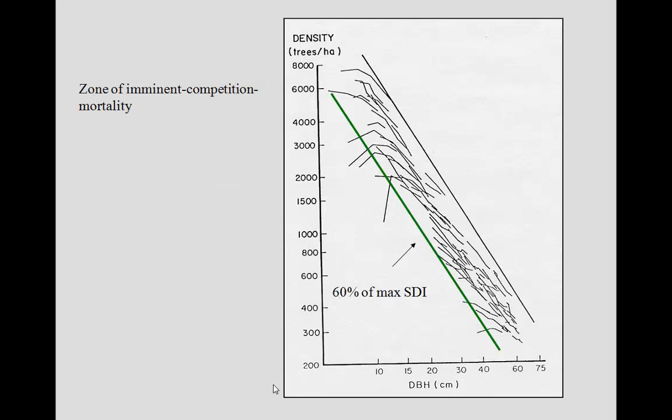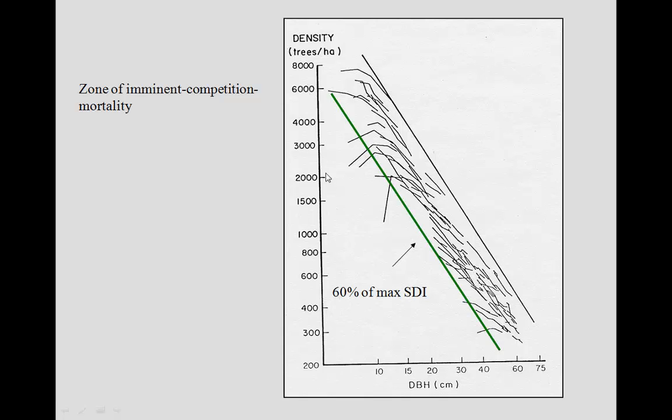So to illustrate that, this is western hemlock and a bunch of stands that are self-thinning. And here's the boundary line, the max representing the max SDI for western hemlock. And this line parallel to it is 60% of this maximum, and you can see that it forms a threshold.